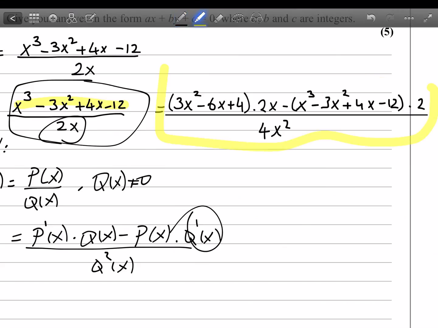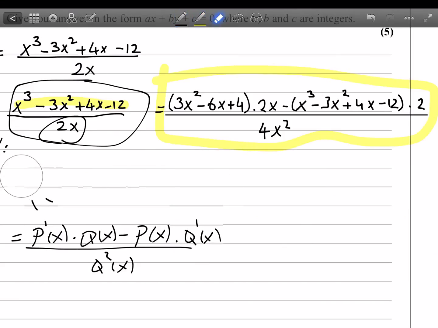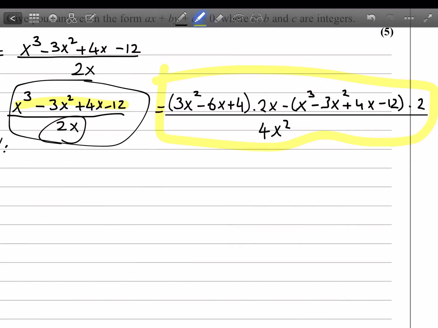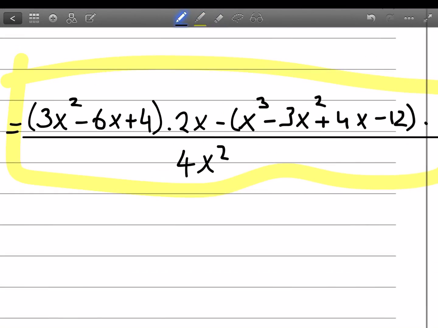After simplification we will find the answer. Let's do it.